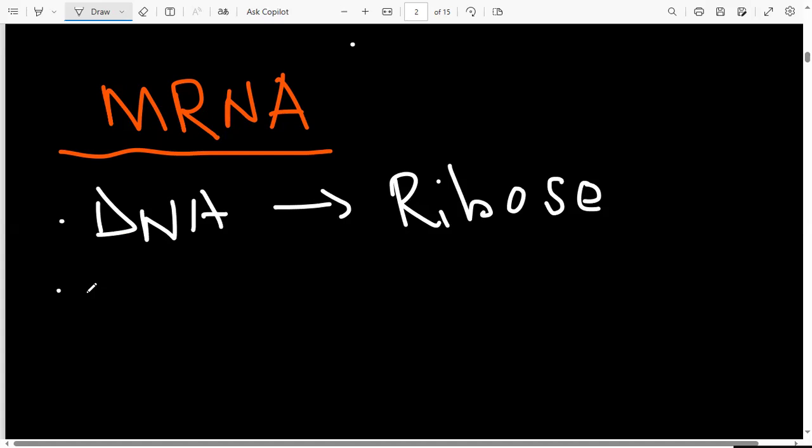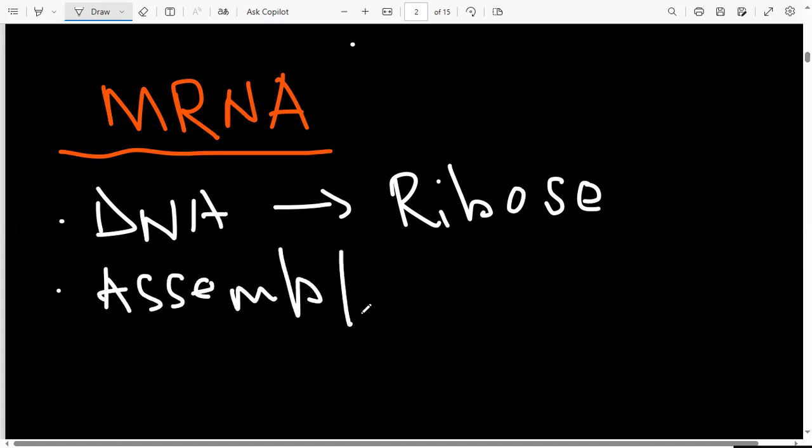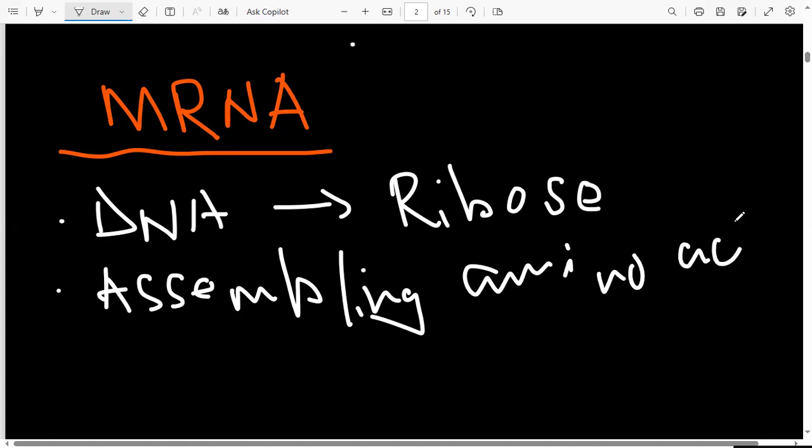So it will act as a template for assembling amino acids depending on the information that has been given. So here you can say assembling amino acids. That's just a brief description of what this does.